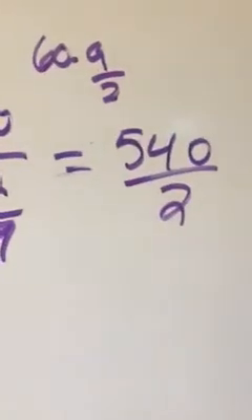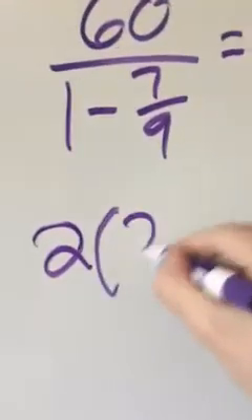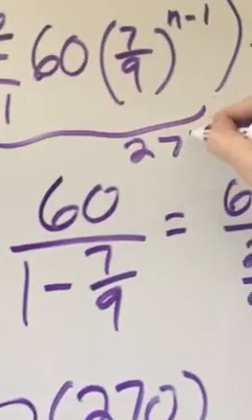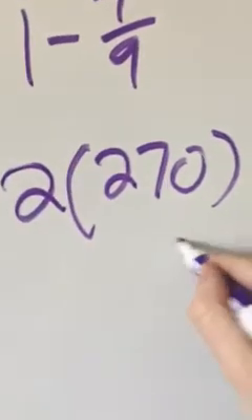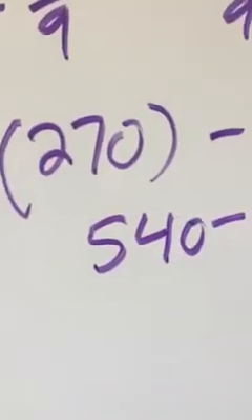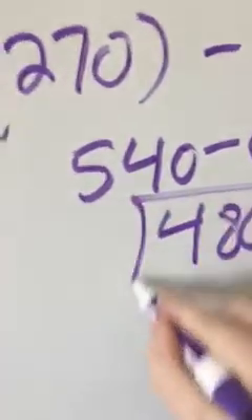And 540 over 2 is equal to 270. Then we have to multiply that by 2, so we get 2 times 270. 270 is this whole thing, that's what the sum converges to. 2 times 270 minus 60, 540 minus 60, which is 480 feet. Final answer.